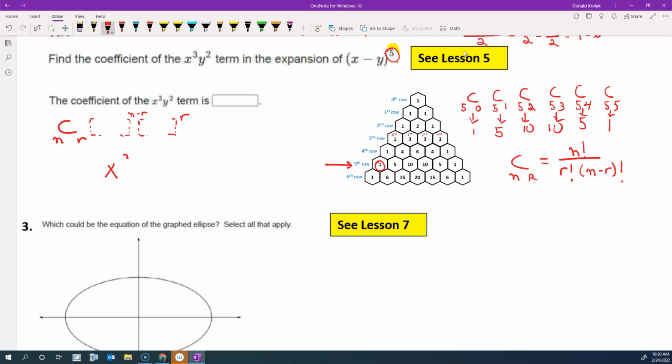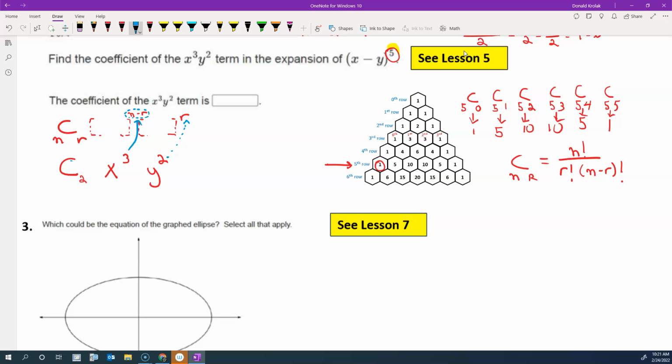So you've got x cubed, y squared, so you already know what r is. When I look at this part right here, there's my r. So I know that's 2. And then this part has to be n minus r, which has to equal 3.